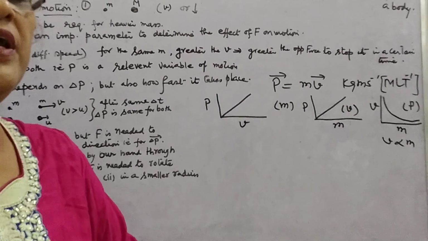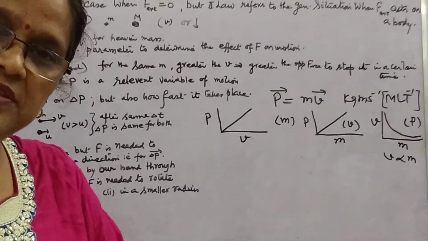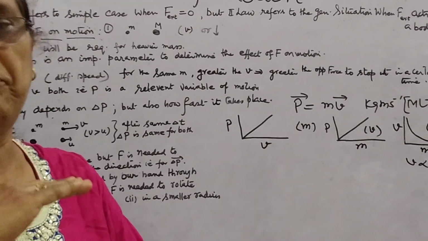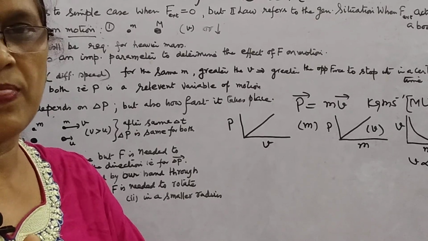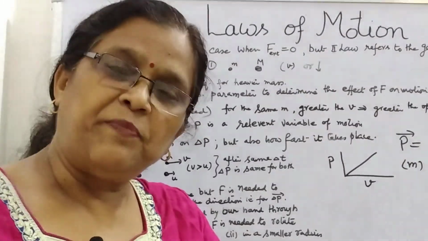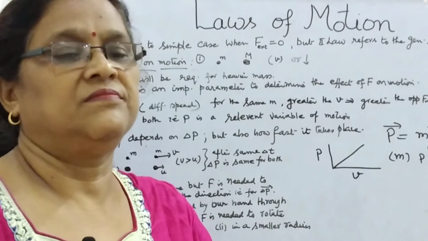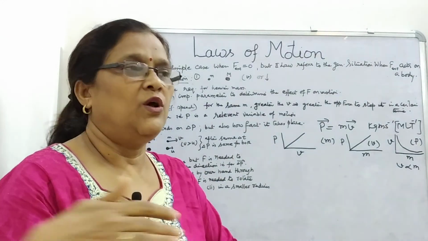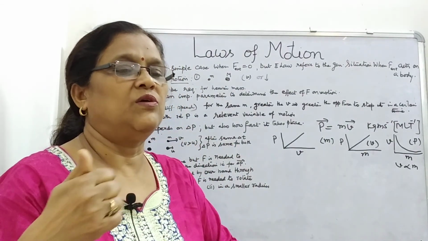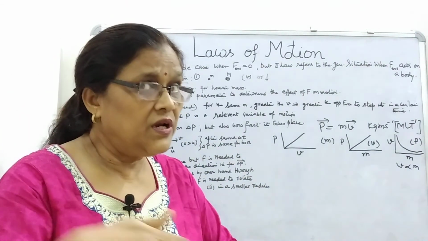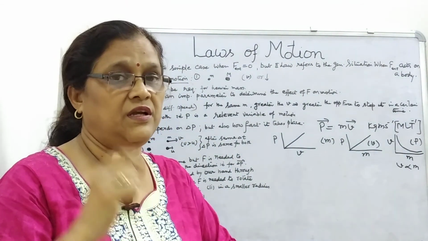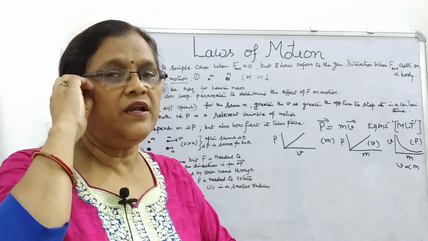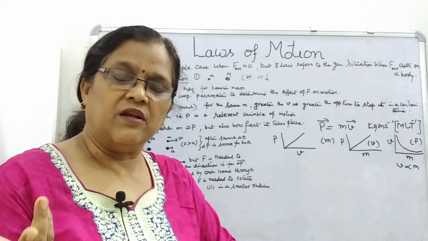In every motion we have seen force is parallel to the acceleration, but not always parallel to motion. F may be along the direction of velocity, or opposite to it, or perpendicular to it like in circular motion, or at any angle with the velocity.